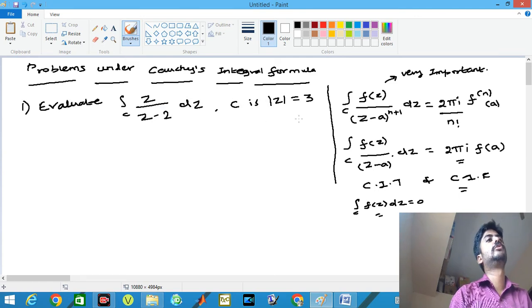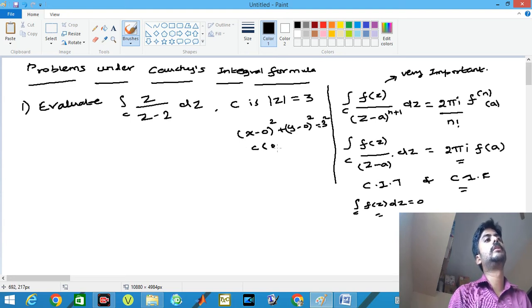So we can expand this. Modulus of z is root of x square plus y square, that is (x minus 0) whole square plus (y minus 0) whole square equal to 3 square.